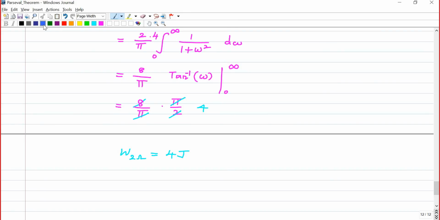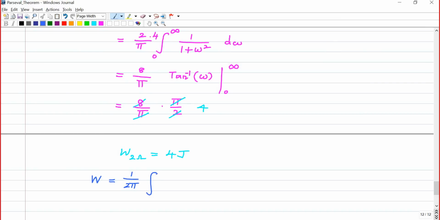Now let us go for the specific band. Let me call that particular energy in the specific band as W. So the same equation, 1 over 2 pi.